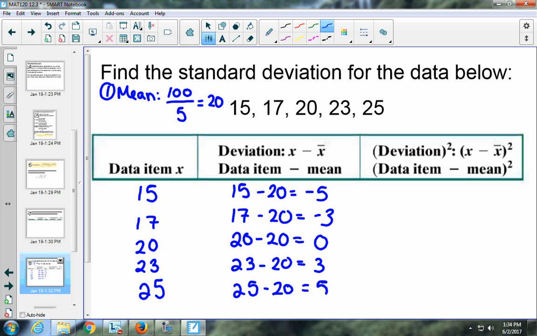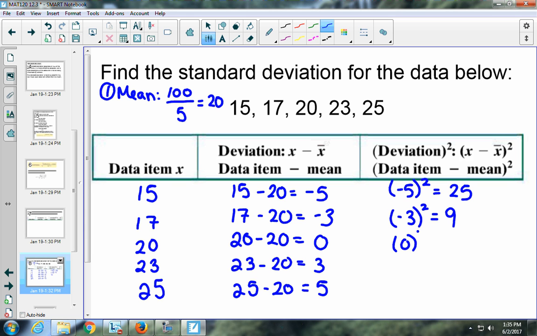So I have taken each individual data item and subtracted the mean. My next step is to square that answer. Take the deviation and square it. So in this first row, I'll have negative 5 squared, which gives me 25. Second row, I'll have negative 3 squared, which gives me 9.